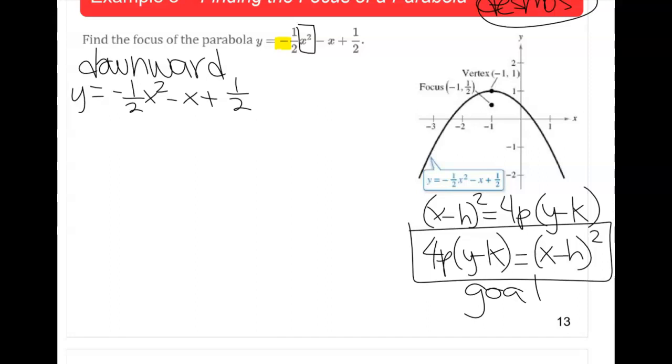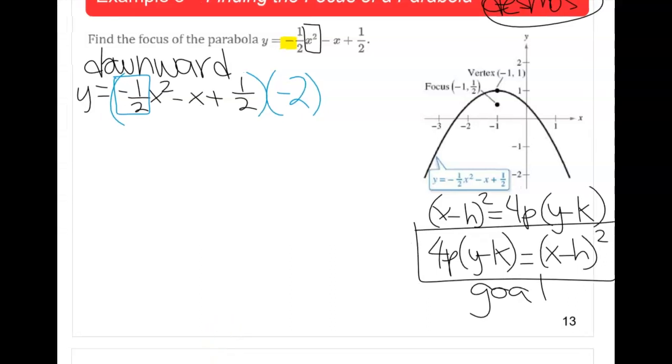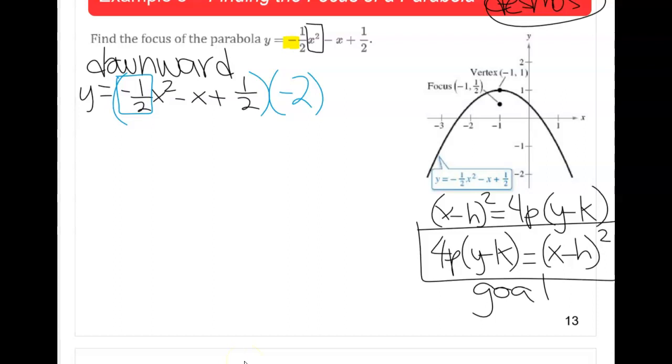So what we're going to do next is complete the square. And the first condition to complete the square is that the coefficient of x squared is equal to 1. So the way we're going to make that negative 1/2 disappear on the right side is by multiplying everything by negative 2. So if we have to do it to the right side, we are also going to do it to the left side. So we're going to have -2 multiplying the y as well.